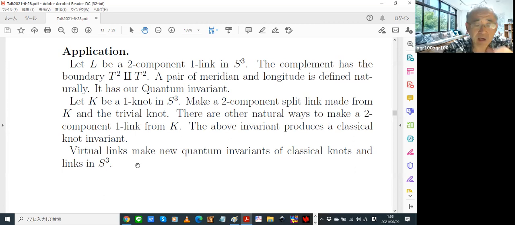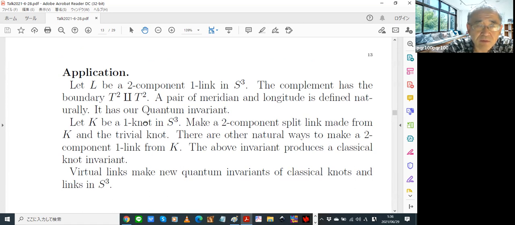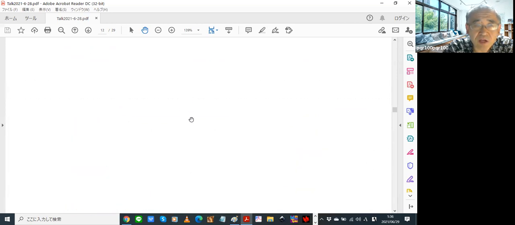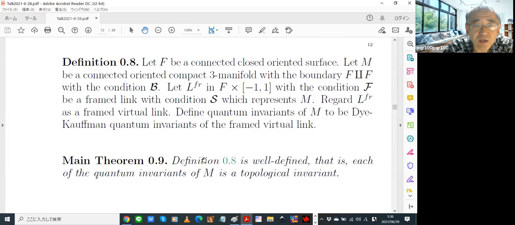Oh, yeah. One comment is we fix meridians and longitudes.